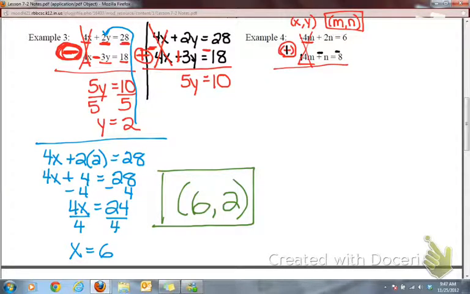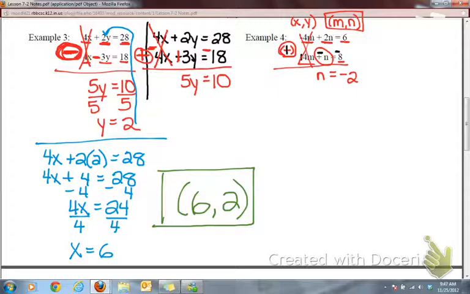As we continue, we have a 2n plus a minus n. That would be like 2n minus n, which leaves us with 1n, or just regular n. And then we have 6 minus 8, which is negative 2.